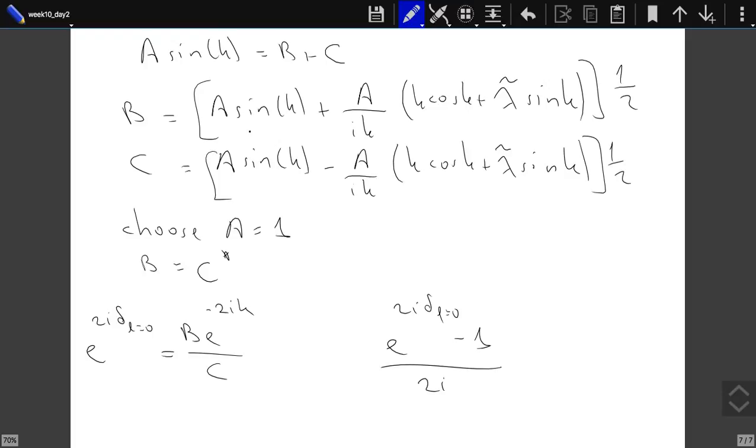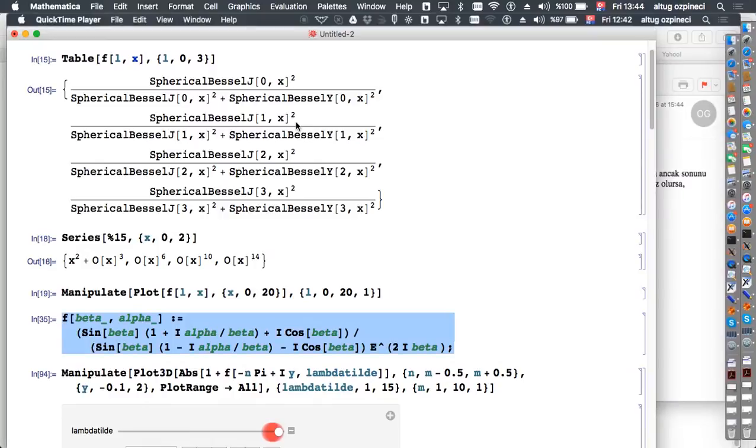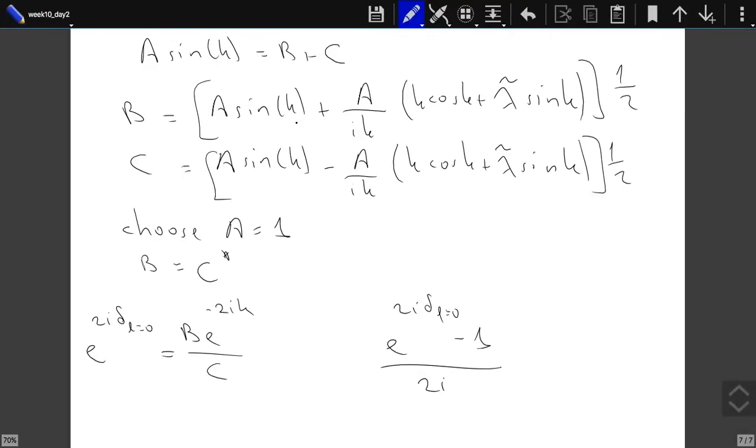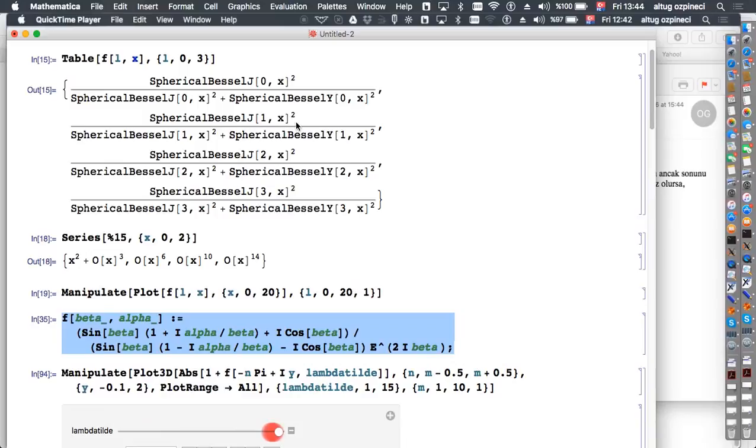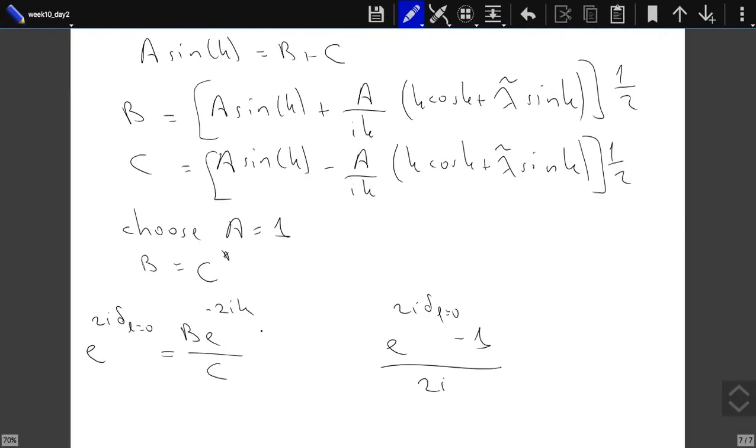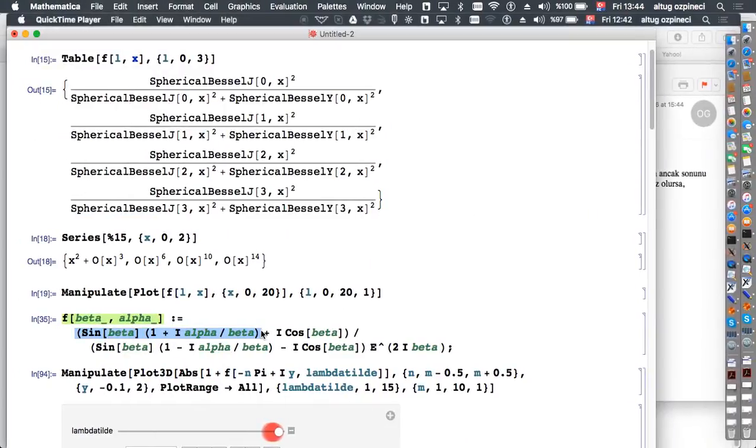In the sine, you have 1 plus lambda tilde over ik, 1 plus i times lambda tilde over k. This is the first factor over here. Alpha is lambda tilde, beta is k. So this is my e to the power 2i delta. So here I just say, okay, 1 minus.